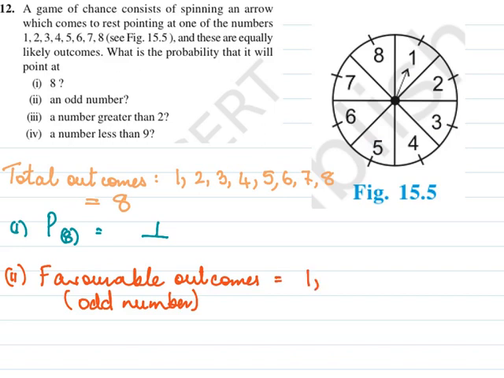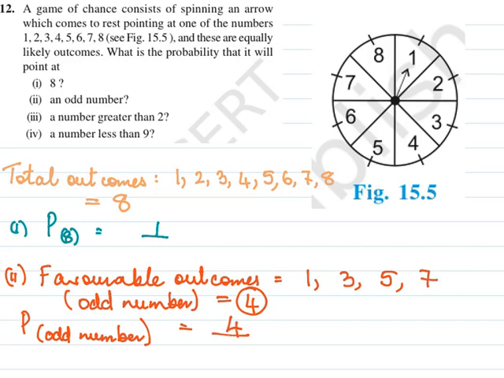So we write that now. Odd is 1, 3, 5, 7. So the favorable outcomes are 4 in number. So the probability of getting an odd number will be favorable outcomes 4, total outcomes 8. That is 1 out of 2.